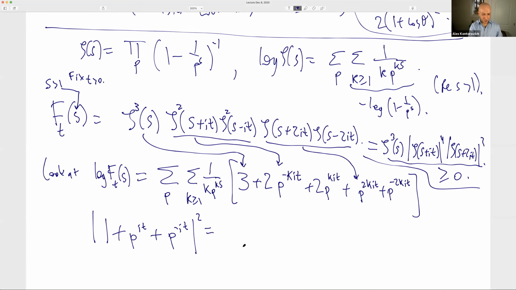Okay, so I get 1. I get the square of this, p to the 2it. I get the square of this, p to the minus 2it. And then I get cross terms. The cross terms are 2 of these, 2p to the it, 2p to the minus it. That's this cross term, and the last cross term is this.